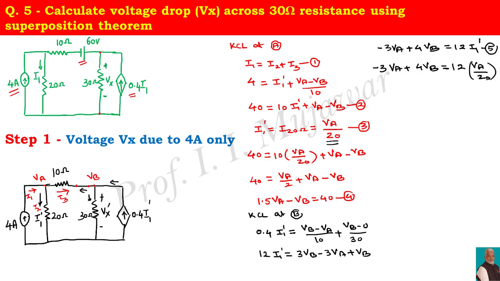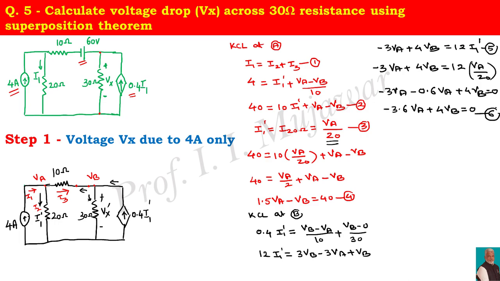Now if you simplify this equation, that comes to be minus 3VA, and this 12 by 20 is 0.6 VA, I will transfer that to the left side, plus 4 VB, that is equal to 0. Or this equation comes to be minus 3.6 VA plus 4 VB is equal to 0. Let this be equation number 6.